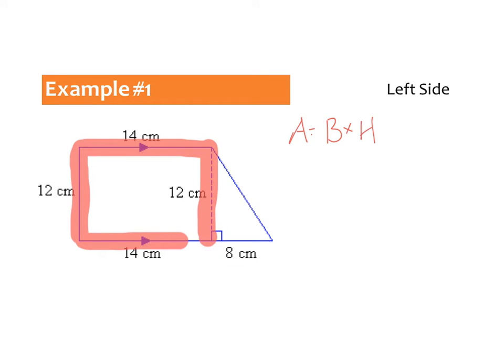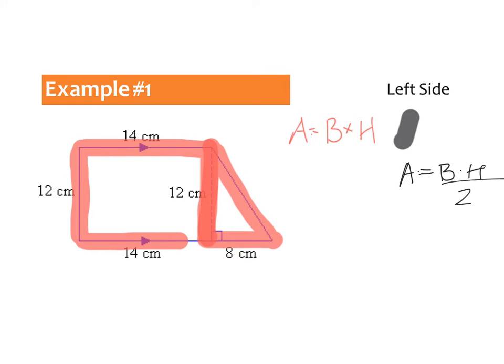So I know I'm going to have to use that one time because I see one rectangle. I also see a triangle right here, right? And the formula of a triangle is area equals base times height divided by 2, okay?